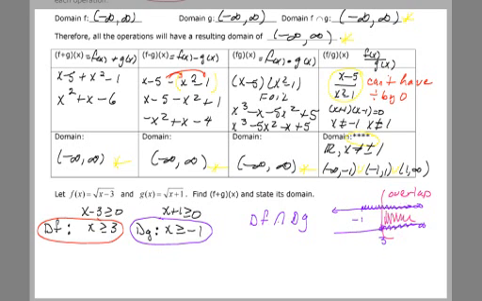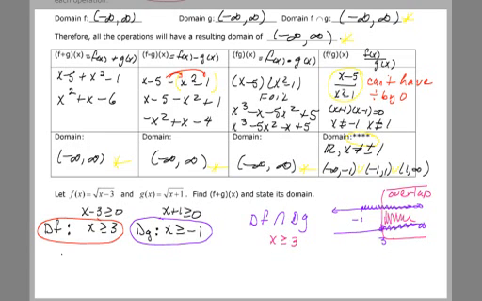So the domain of f intersects the domain of g, where? Everything from 3 to infinity. So the domain of that would be x greater than or equal to 3. So any operation I perform, this is going to be the preferred domain.